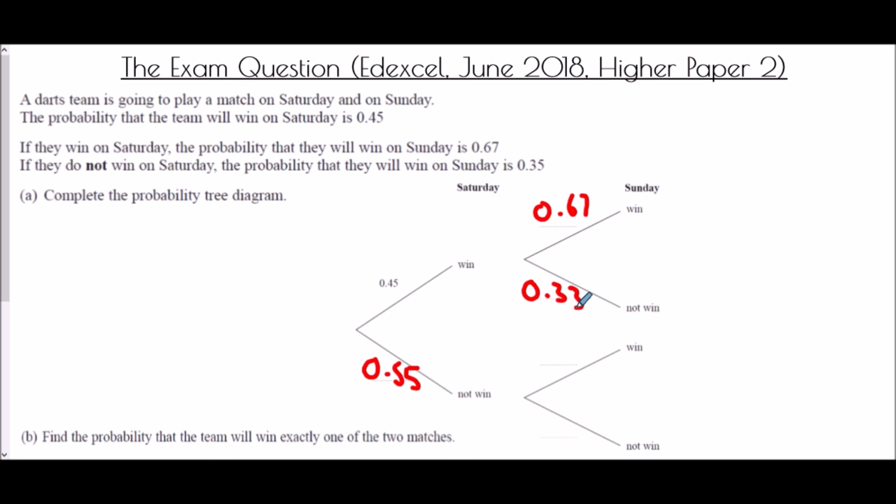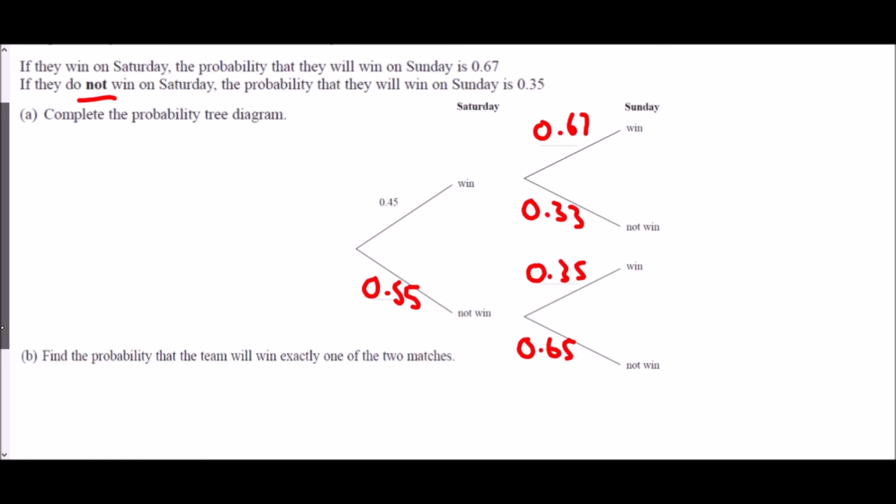If they do not win on a Saturday, the probability they will win on Sunday is 0.35, and therefore that is the win category here, leaving us with the rest for a not win. Well, that's going to be 0.65.